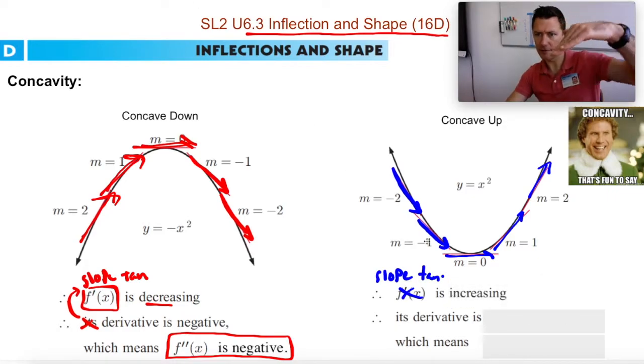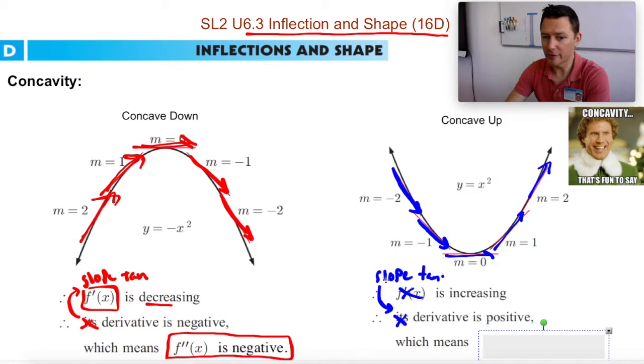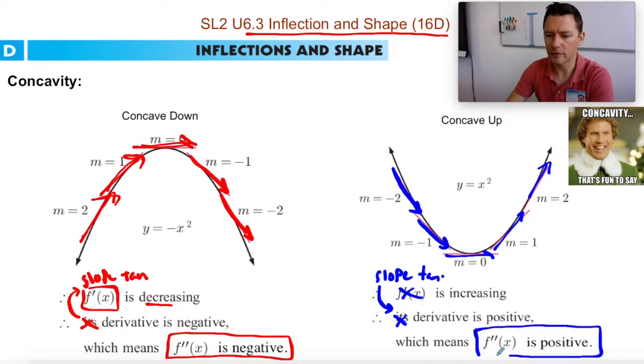It goes from negative, starts pulling up, and becomes more and more positive. So the slope of the tangent's derivative is going to be positive, which means that the derivative of the slope, the derivative of the derivative, is positive. So the second derivative is positive, means it's concave up.